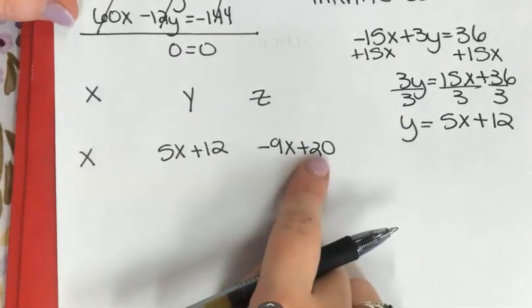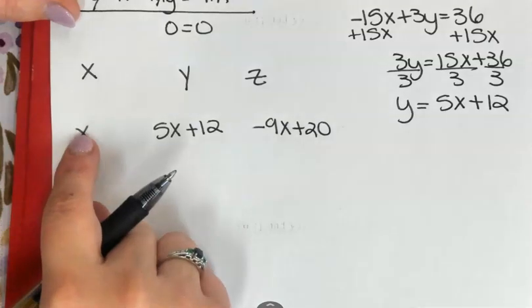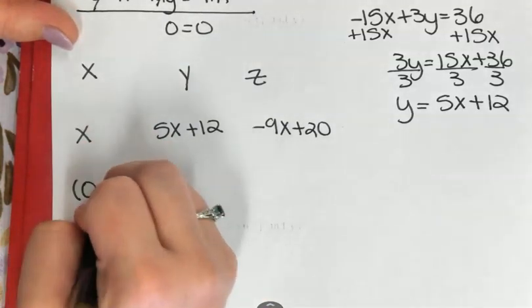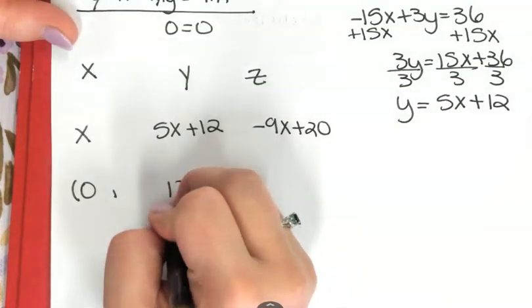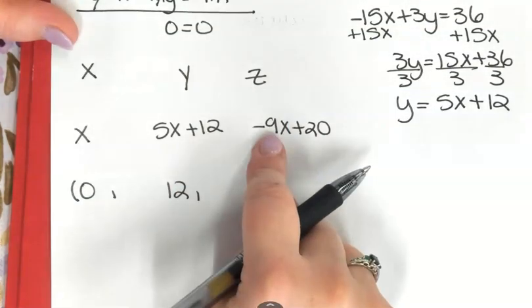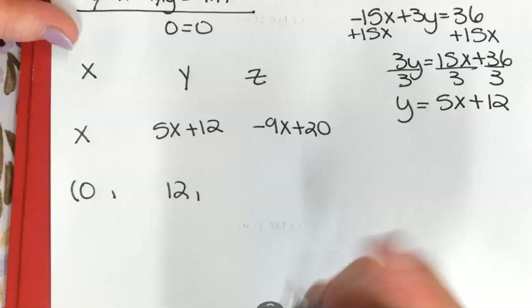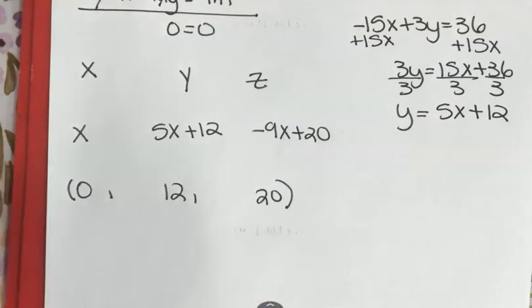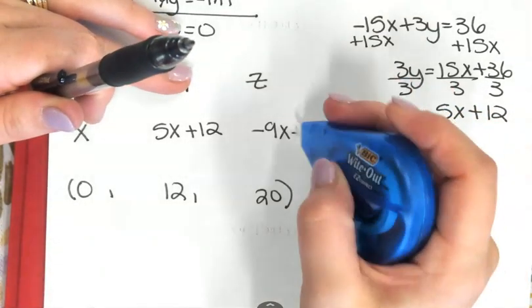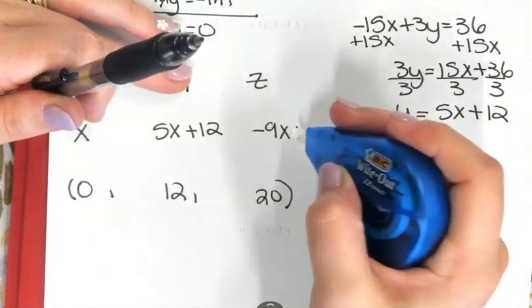Once you have gotten to this step, I just want you to say, okay, let's say x is 0. Y would be 5 times 0 is 0 plus 12 is 12. And z would be negative 9 times 0 is 0 minus 20 is negative 20.